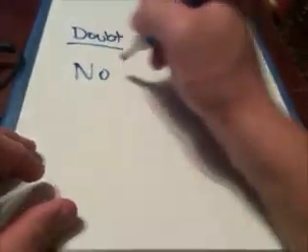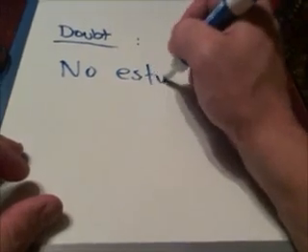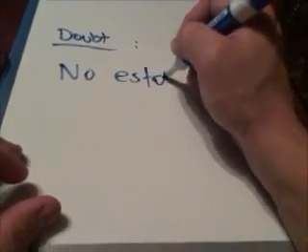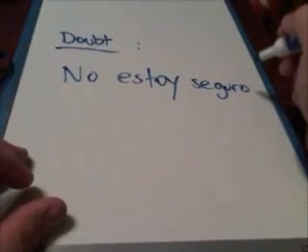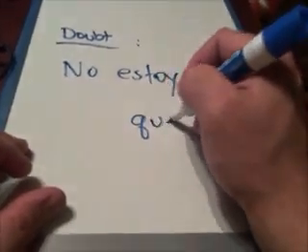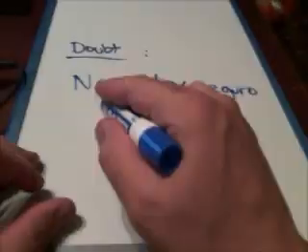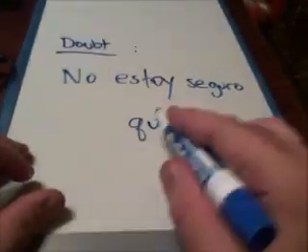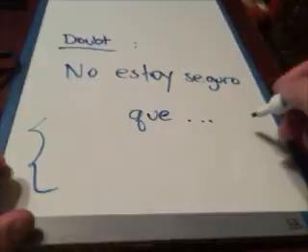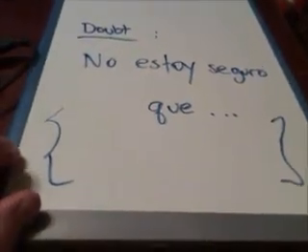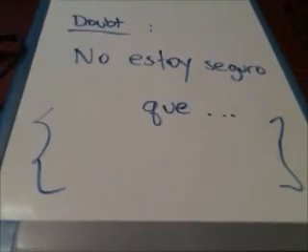No estoy seguro que. Plus que. I am not sure that. Okay, and then whatever clause follows this is going to be in the subjunctive. I'm not sure he's coming tomorrow.